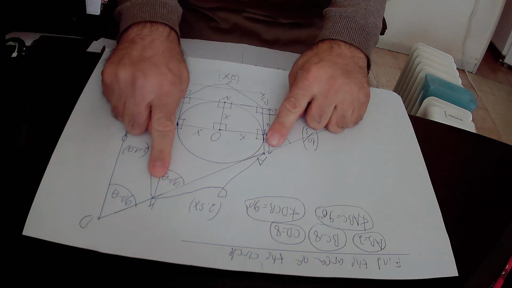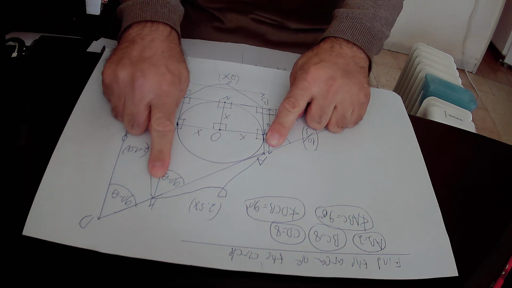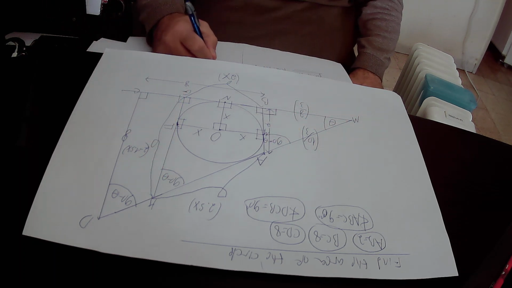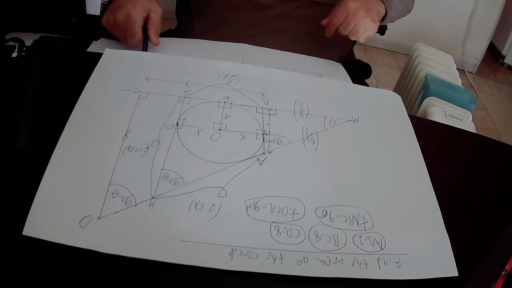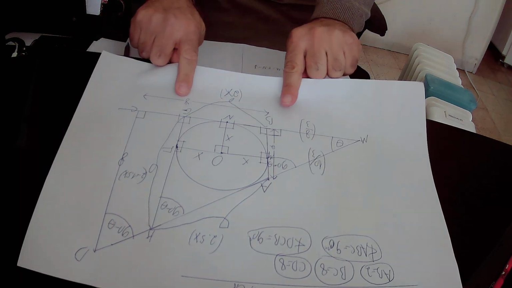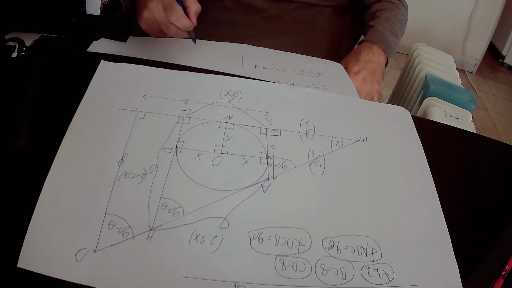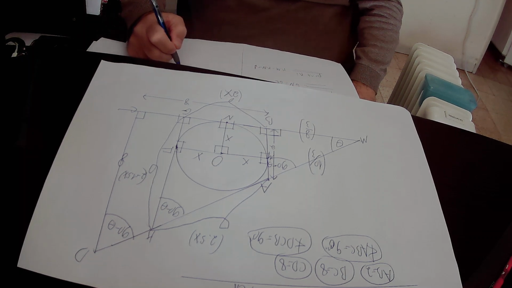AK equals 2.5x, so we substitute AK by 2.5x plus BG. Here BG equals 2x, therefore we substitute BG by 2x, and it is equal to AB.